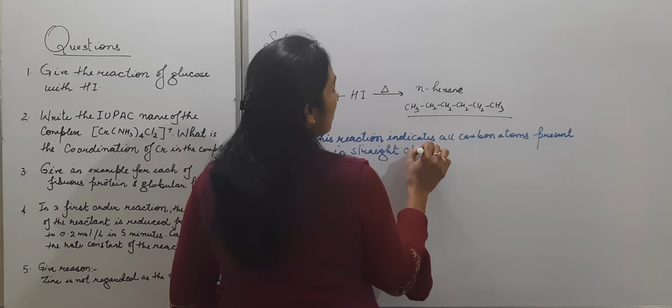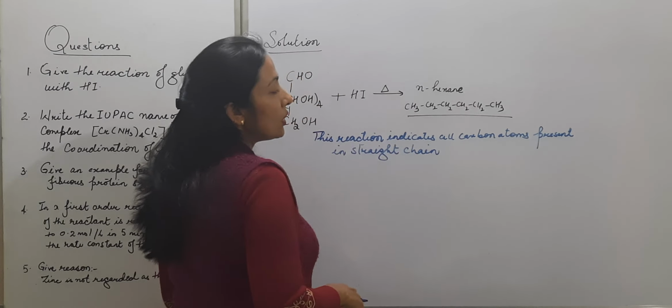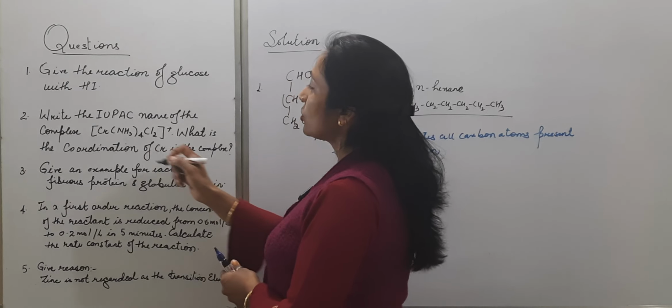So this is the reaction of D-glucose with hydrogen iodide. And then the next one is: write the IUPAC name of the complex.